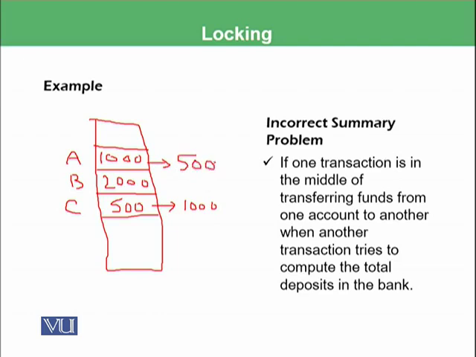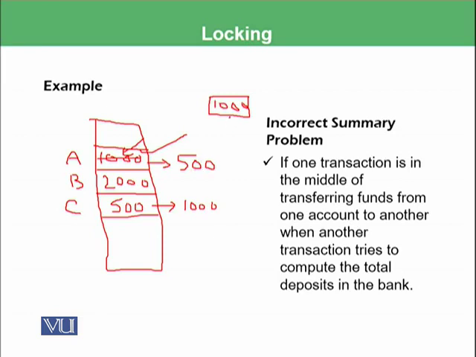As we discussed, this transaction takes multiple steps. In the first step, this 1000 will be read and put into the register associated with the CPU. Suppose this has been decremented by 500 and stored back again as 500.